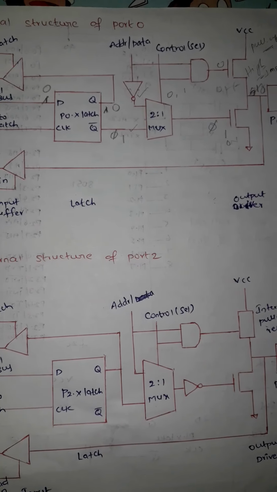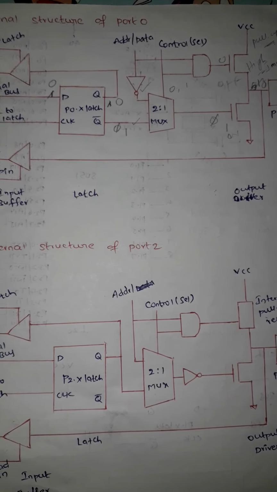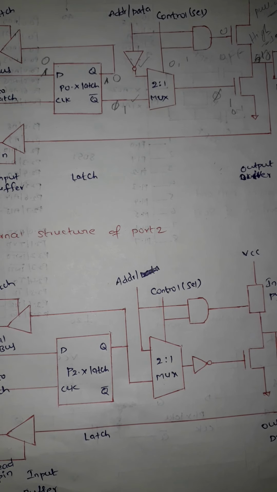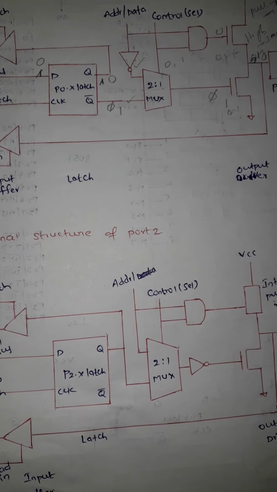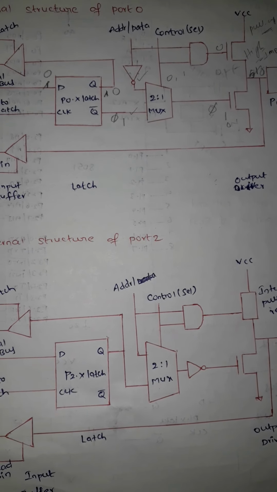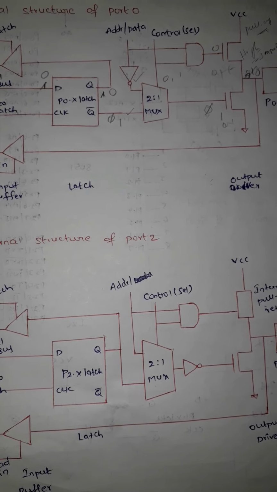So this is how port 0 can be used as an output port for writing the values 0 and 1, and the same port can also be used as an input port, just like port 1, for reading the values 0 or 1.